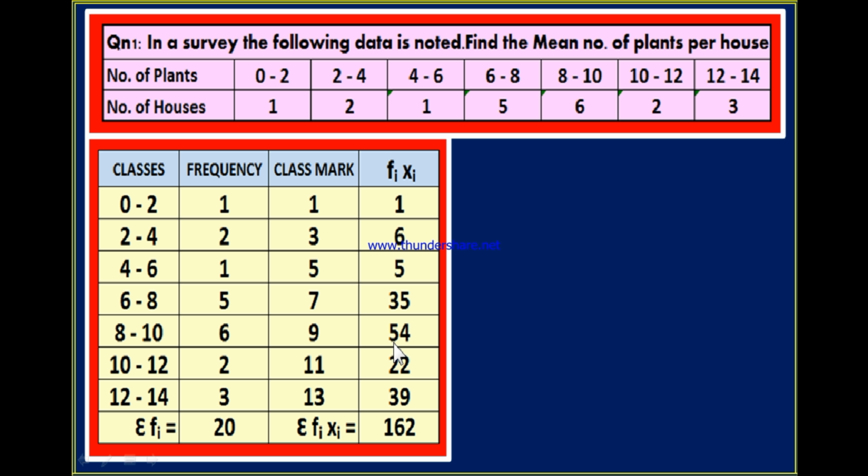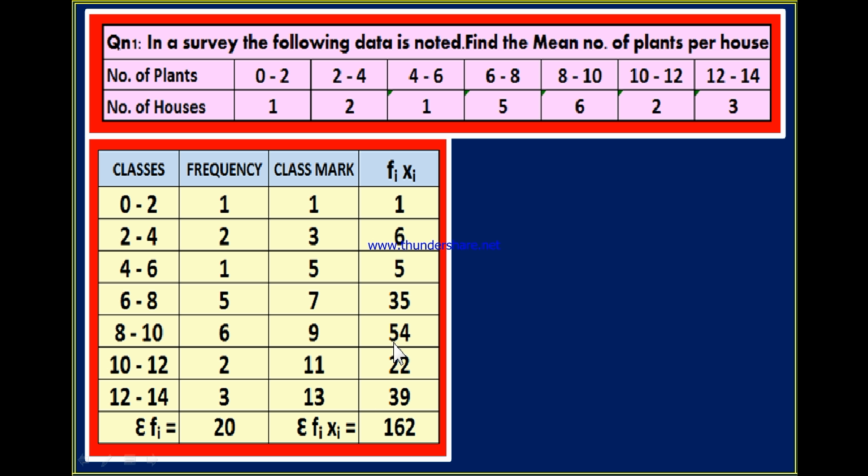Now, for this class, mid value is 325 and assumed mean is also 325. Therefore, 325 minus 325 is 0. For this class, mid value is 375 minus a, which is 325. 375 minus 325 is 50. For this class, xi is 425, minus a which is 325. 425 minus 325 is 100.